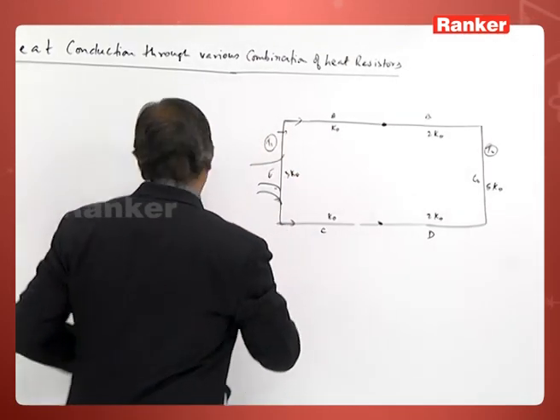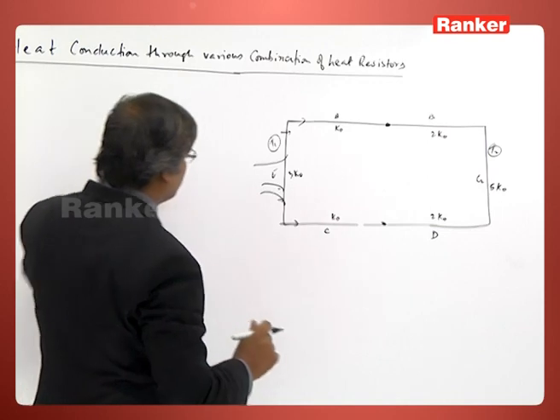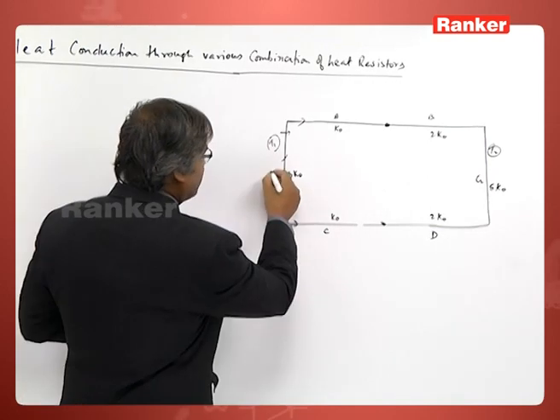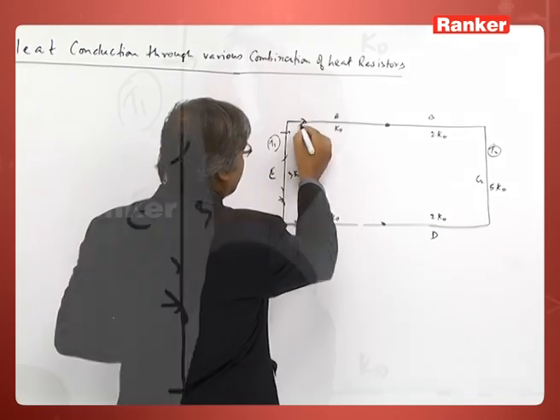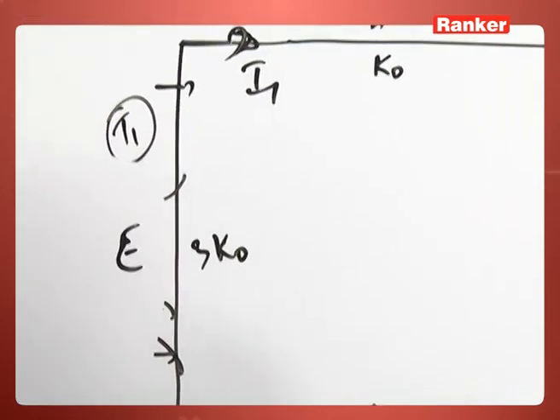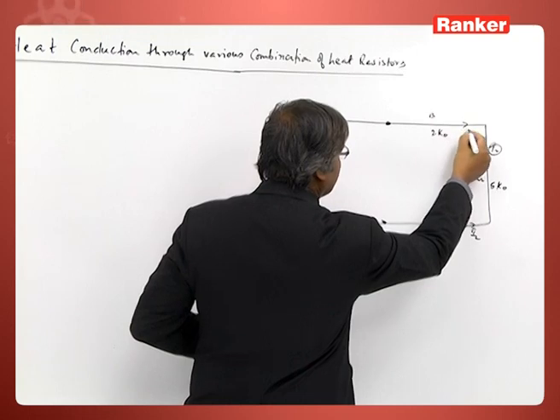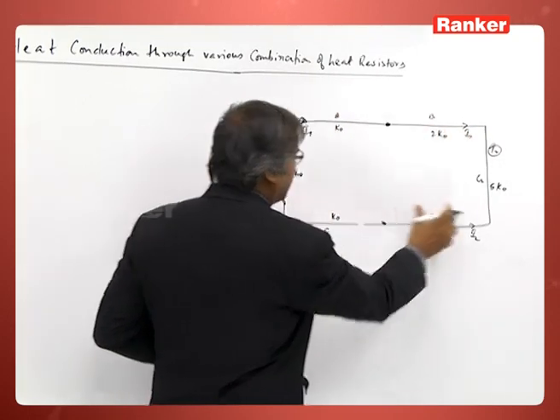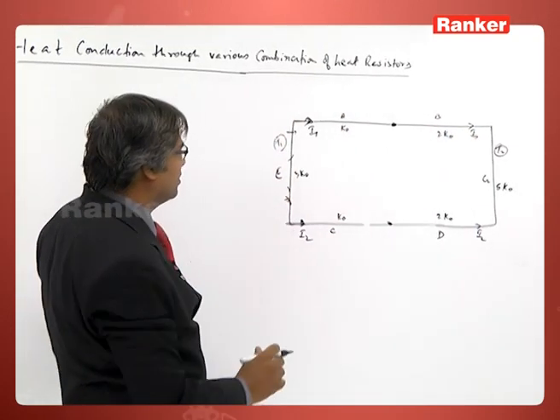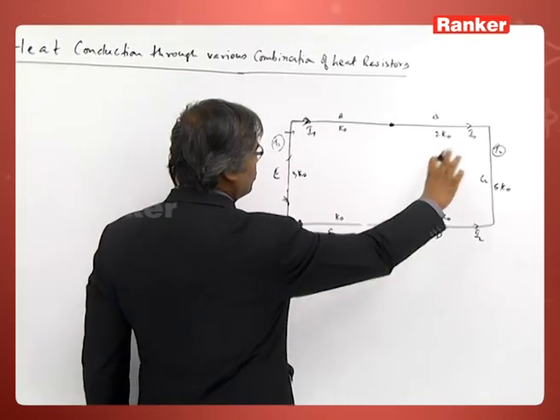Now you can see heat current is I1 here and I2 here, and the heat I2 flows here and the heat I1 flows here. So, these two conductors are in series and thus heat flows through this.